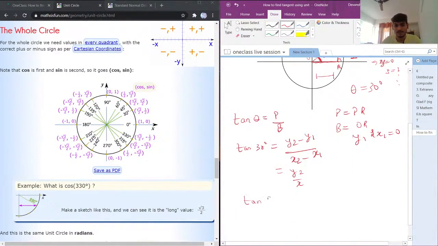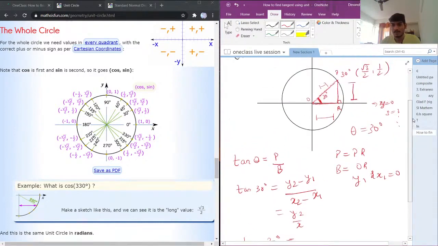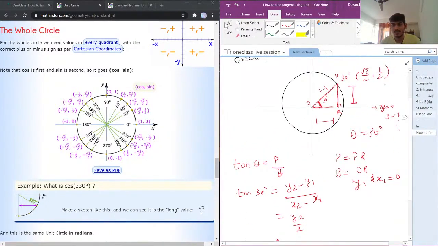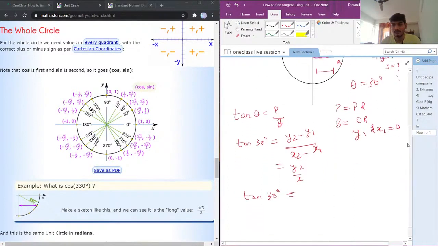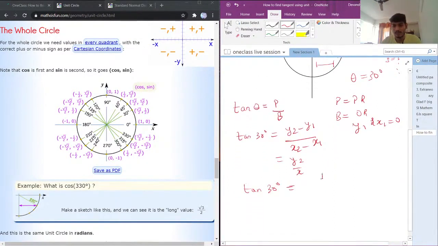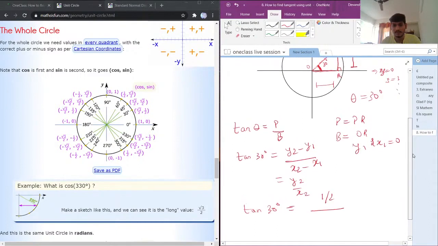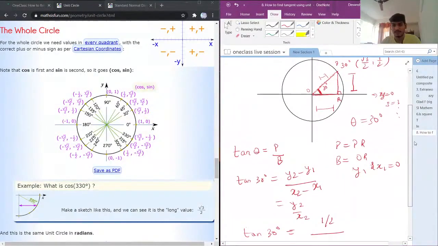So let us go back to the question. So we have tangent of 30 degree, y2 minus y1. So y2 is 1 by 2 and y1 is 0. So I will write 1 by 2 over x2 minus x1.